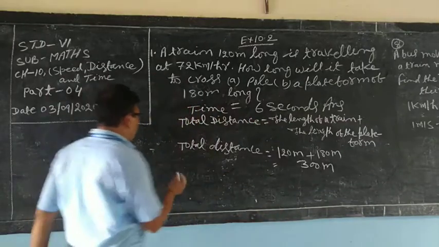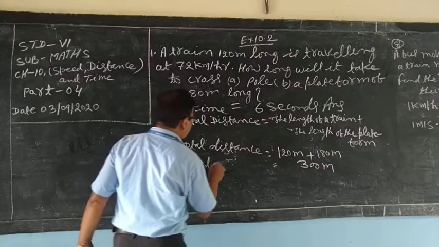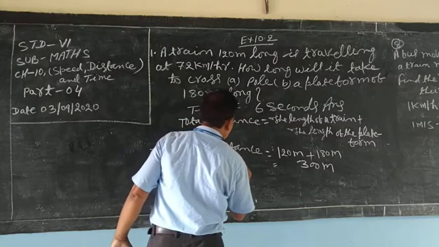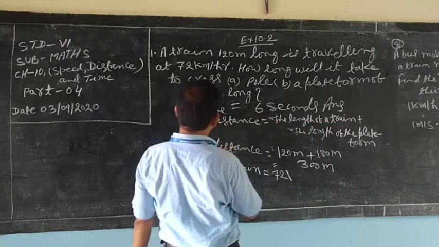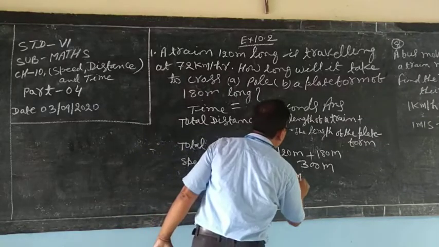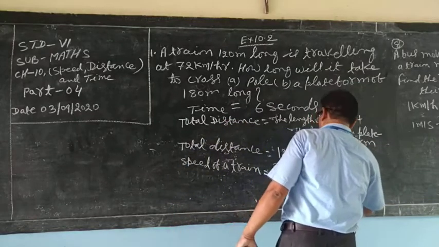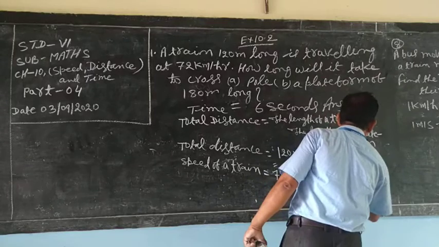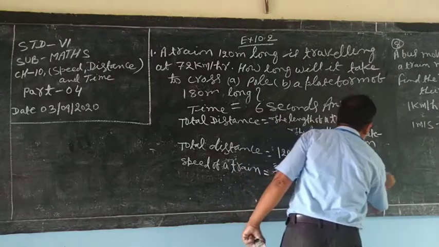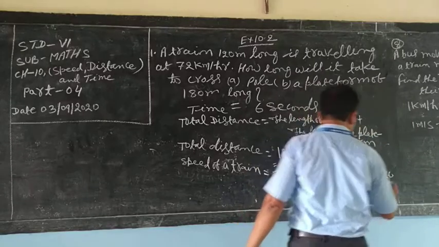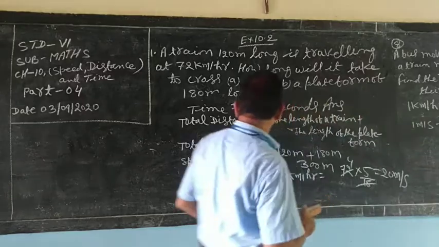Now what is the speed given? In the question, the speed of the train is given as 72 kilometer per hour. 72 kilometer per hour means 72 into 5 by 18, which is 20 meter per second.